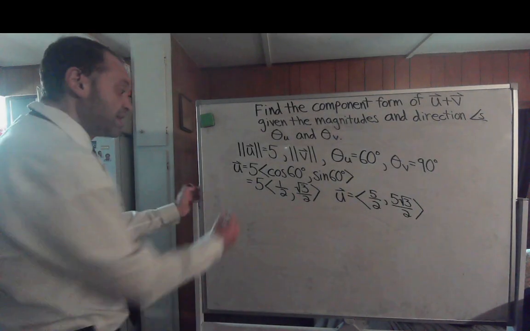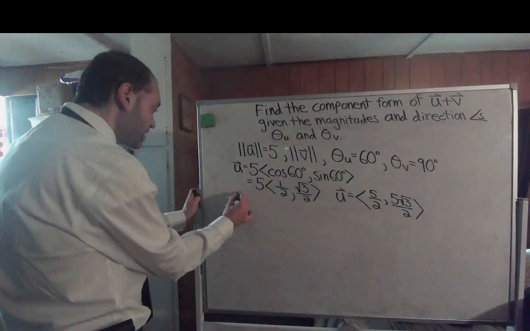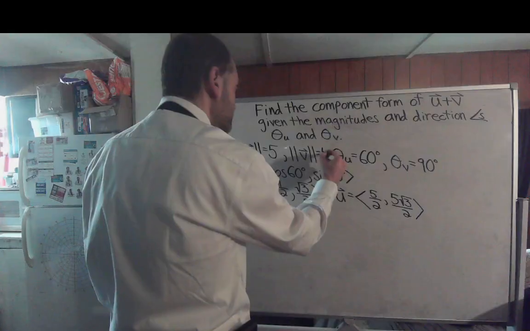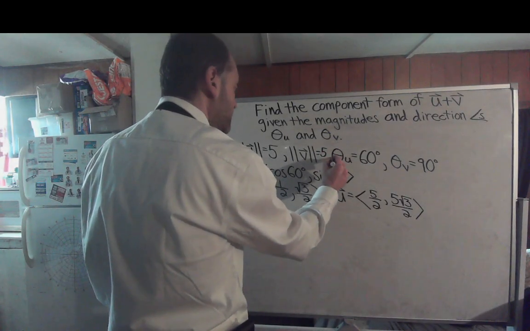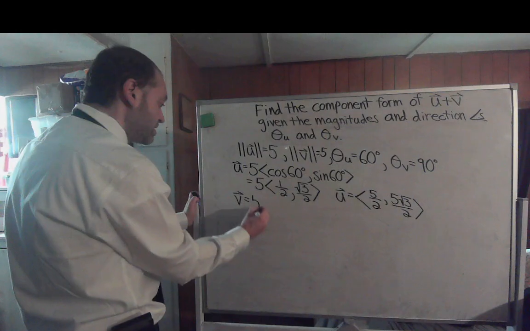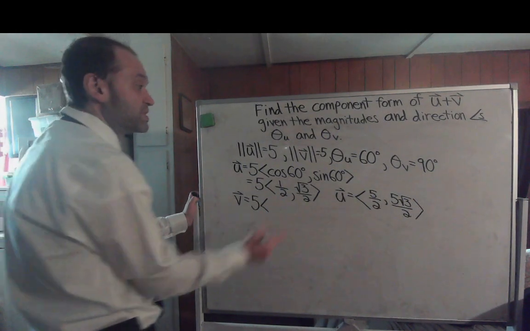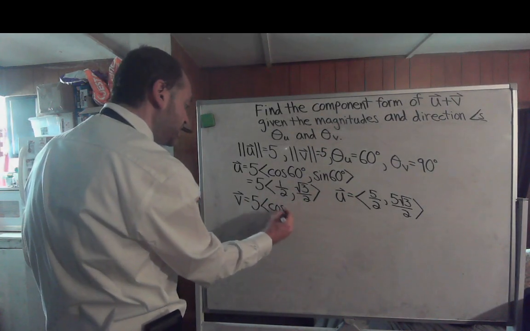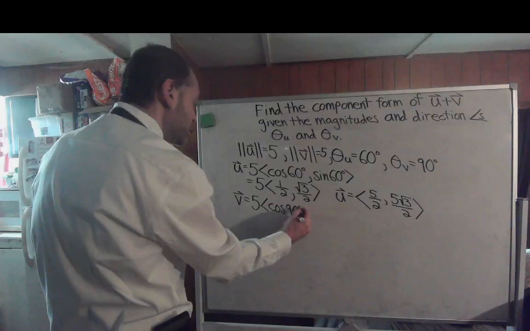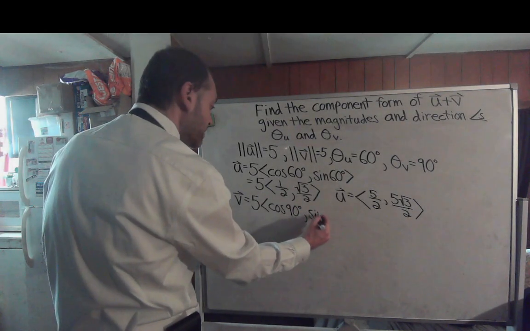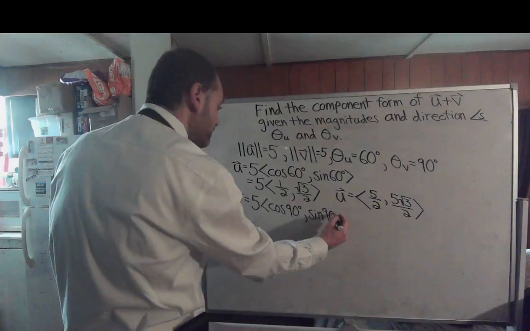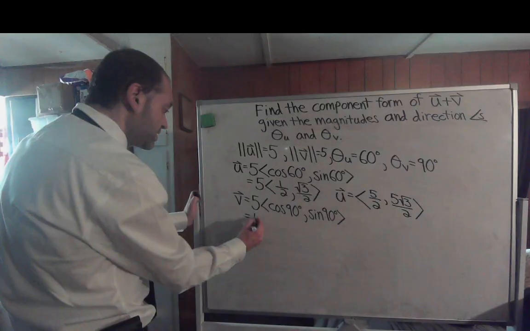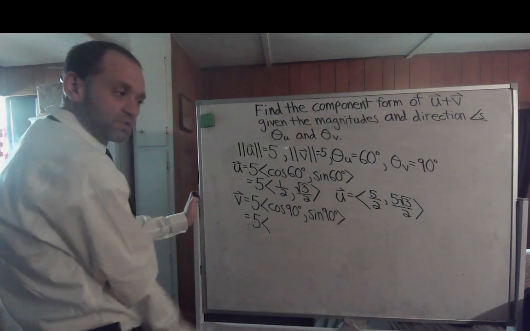Let's go ahead and find vector v. That equals the magnitude of v, which is also 5, times the cosine of 90 degrees, then the sine of 90 degrees. So this would turn into 5 times, now what is the cosine of 90?